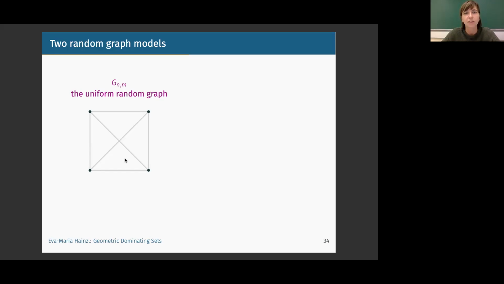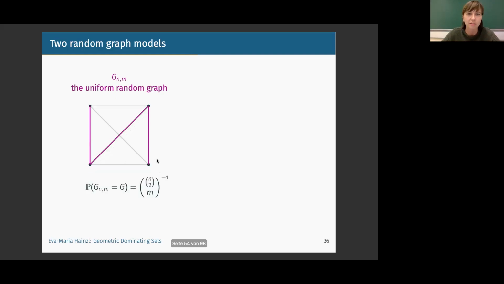So if n is 4, then we have these 4 vertices. And if m is 3, we would, for example, choose these 3 edges uniformly at random, or maybe these 3. And the probability that the random graph would look exactly like this would just be 1 over the number of edges in the complete graph, choose m edges.